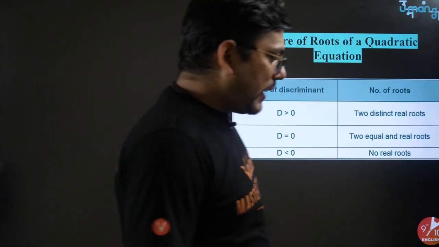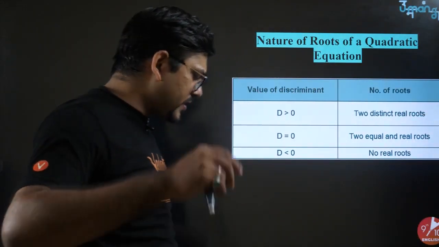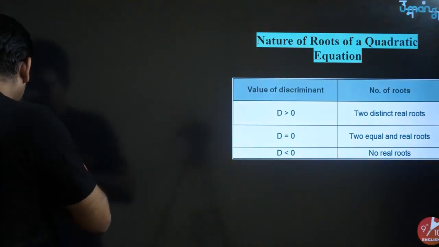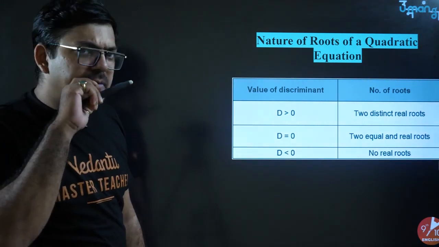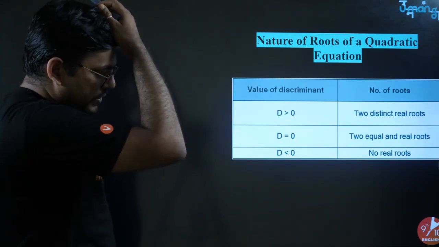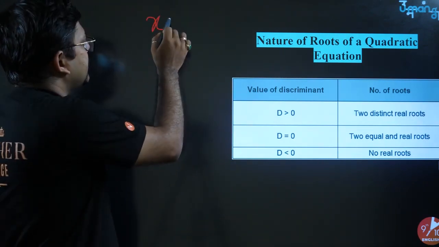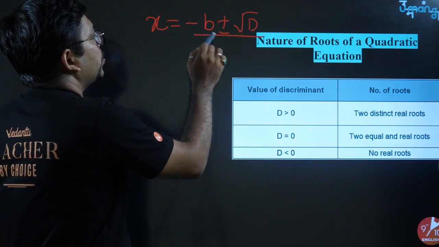I'm going to tell you why they are going to be different. Just take an example. In the last session we saw multiple questions, with the formula x equals minus b plus minus root D upon 2a.